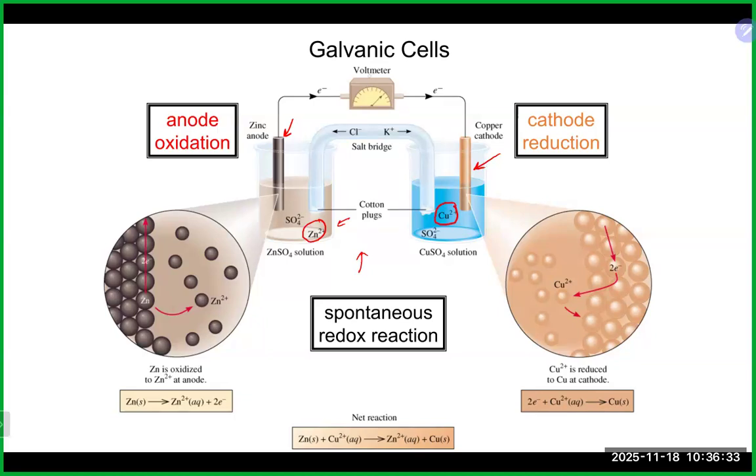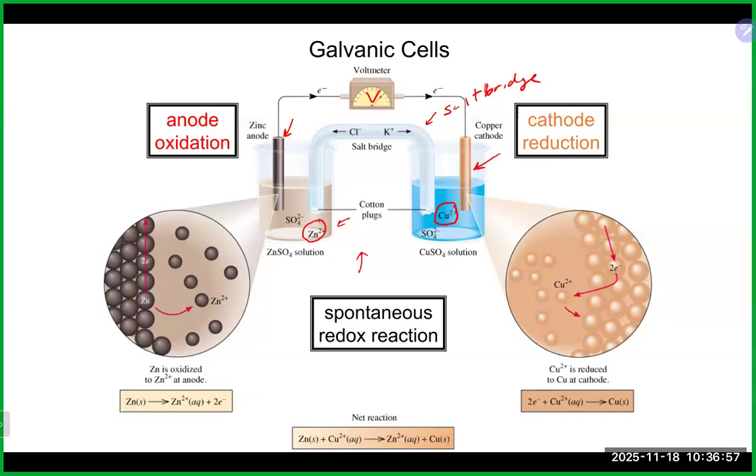They're connected by a wire that goes through a voltage meter. There is also a salt bridge here. A salt bridge is usually filled with some type of electrolyte solution, some type of salt solution, hence the name salt bridge. It also has a couple of plugs there so the liquid doesn't completely fall out one way or the other.